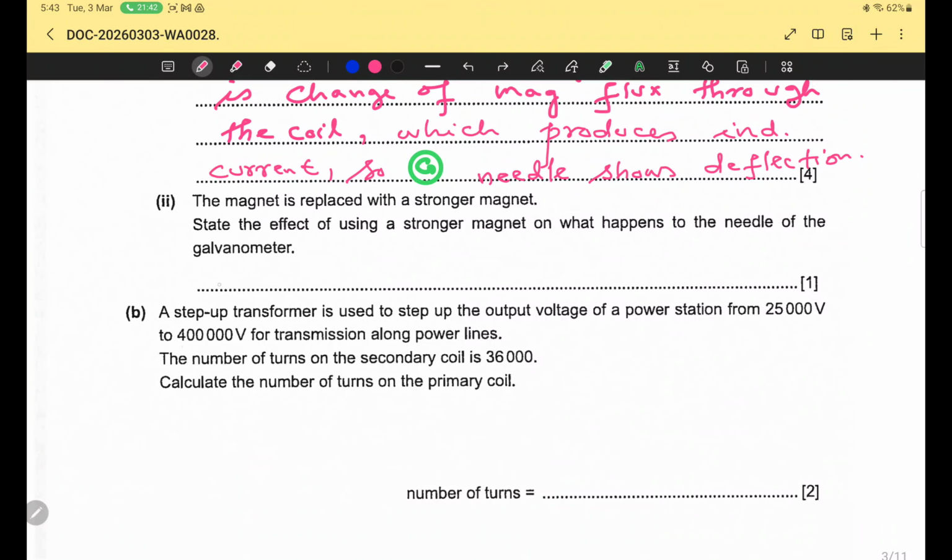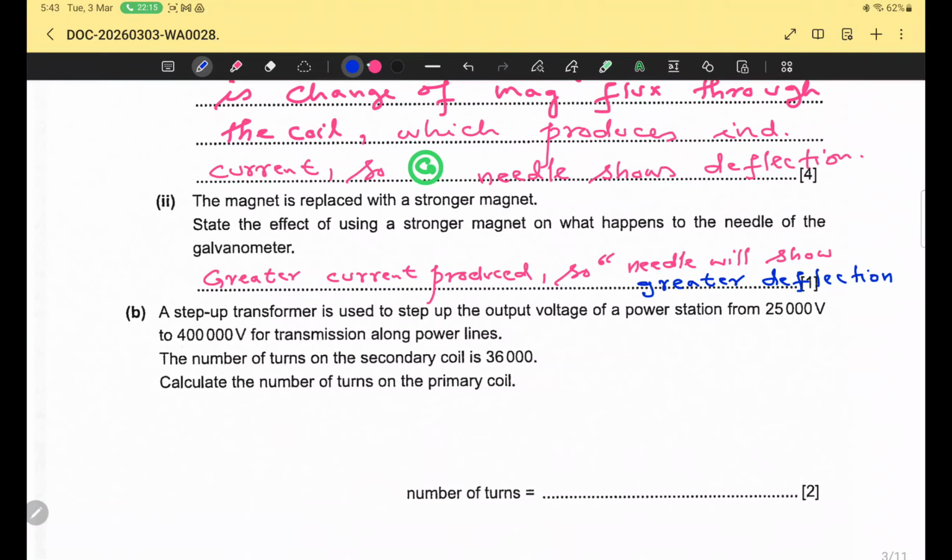The result is greater current produced, so needle will show greater deflection.